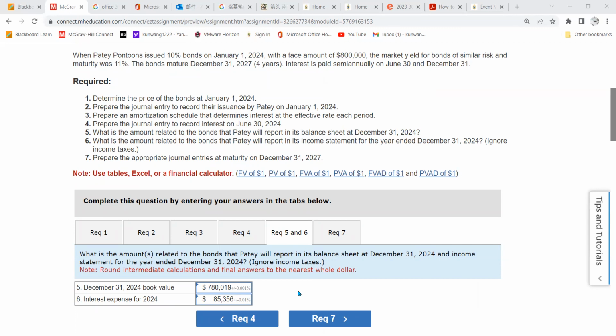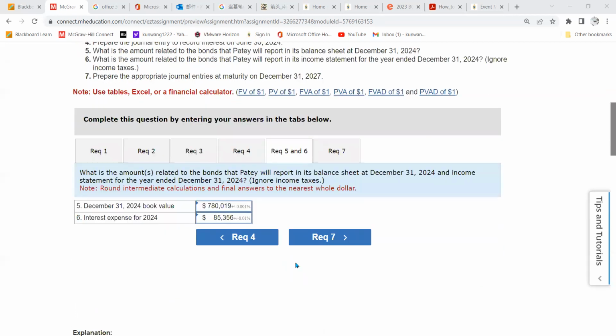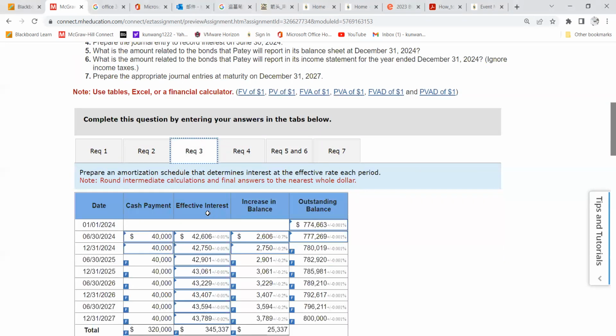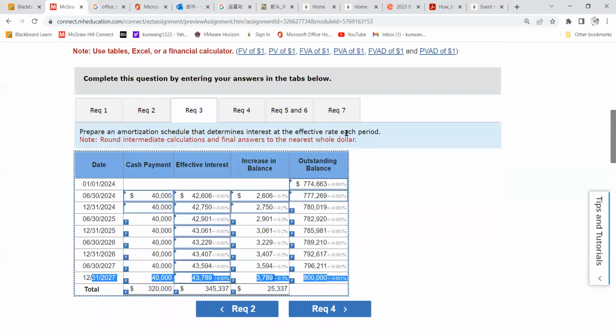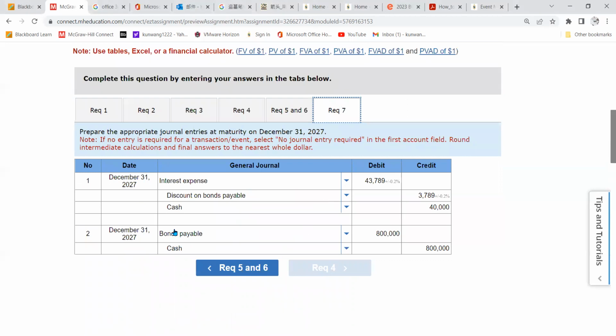At that time we will have the last interest payment plus the face value payment, or return of the premium. So you should reflect this last interest plus the maturity value going back to the investor. That's requirement 7, so 2 journal entries.